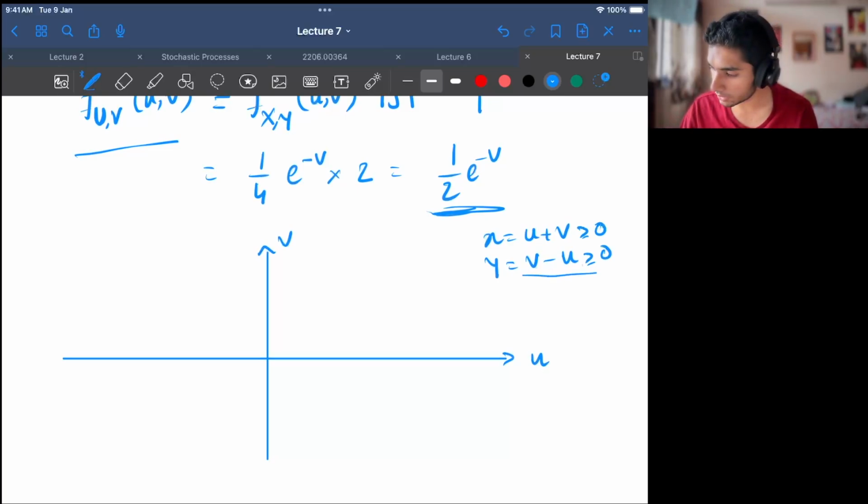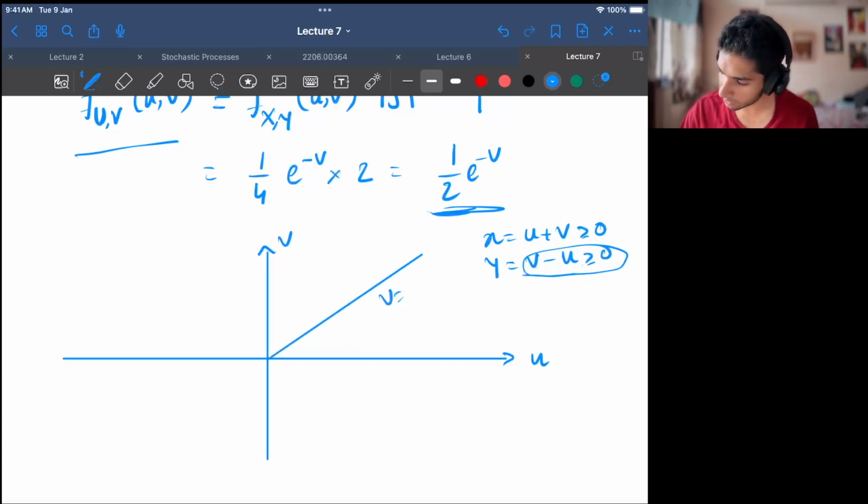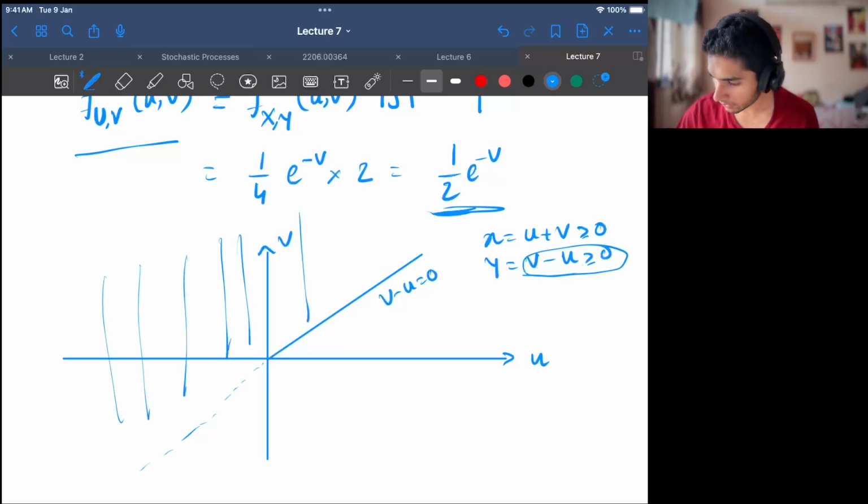Let's say for this thing, v minus u greater than or equal to 0. v equal to u is this line, right? In other words, this is v minus u equal to 0. So greater than or equal to 0 will be this region, right? We'll just extend it here. This is the region where v is greater than u, v minus u is greater than or equal to 0.